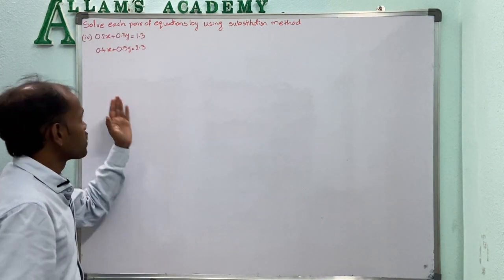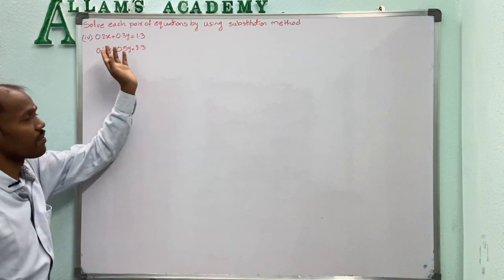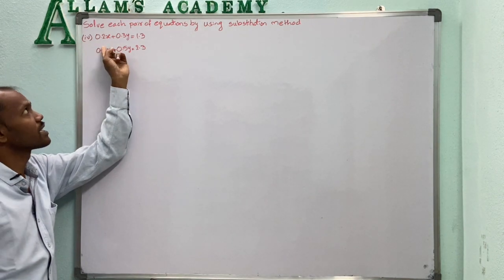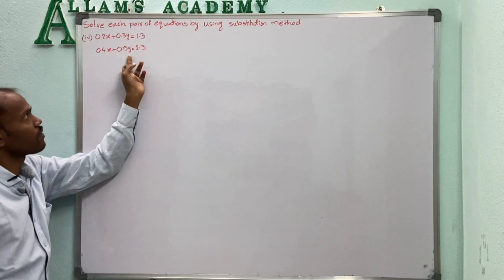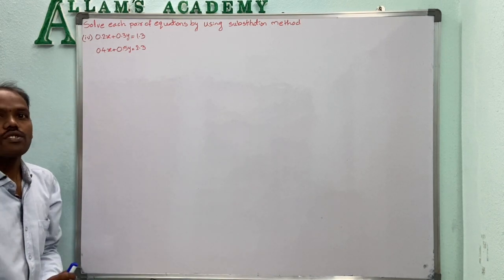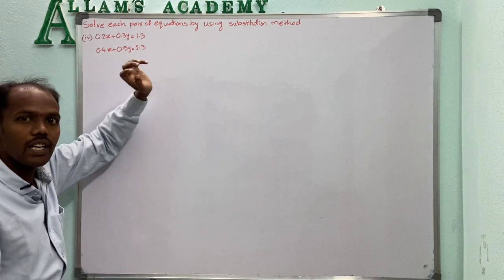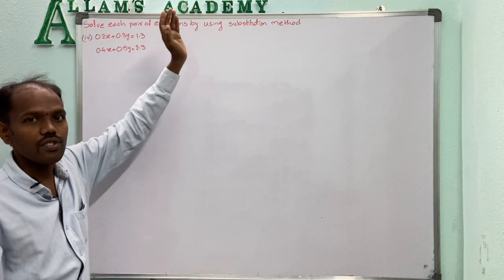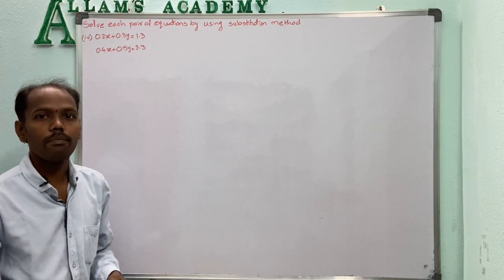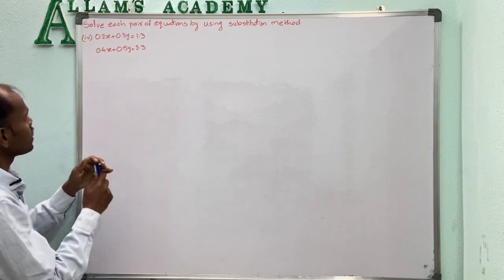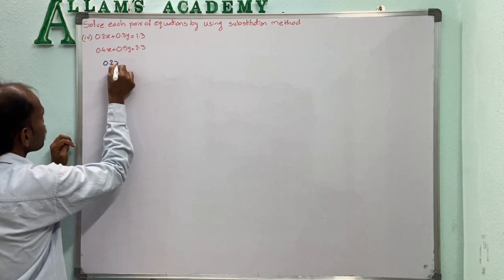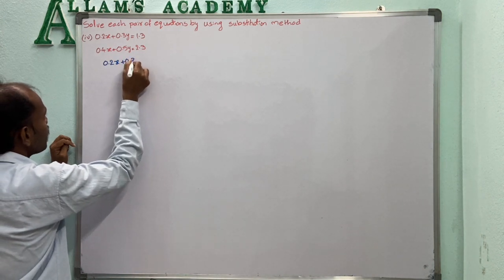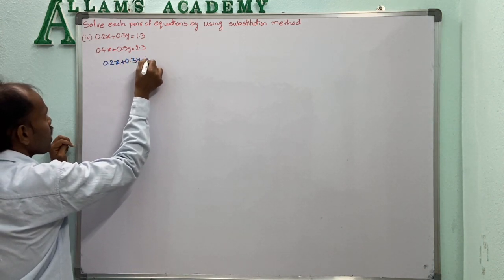Now we observe another problem given: 0.2x plus 0.3y equal to 1.3 and 0.4x plus 0.5y equal to 2.3. Solve this pair of linear equations using the substitution method. Taking the first equation, 0.2x plus 0.3y equal to 1.3.